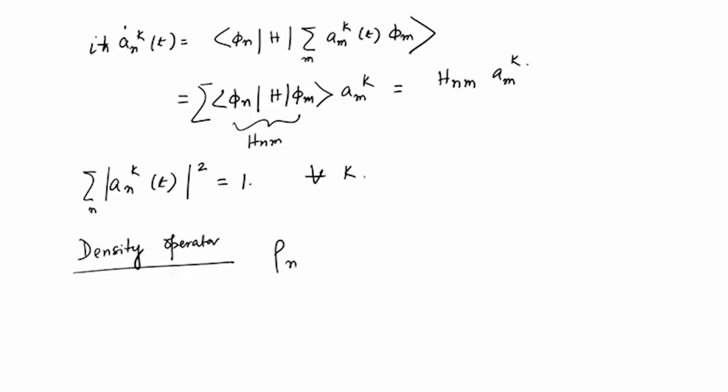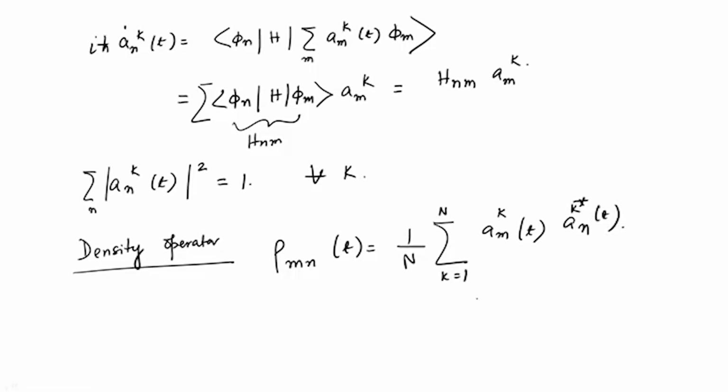The density operator is written as rho mn of t, which is equal to 1 over N, sum over k equal to 1 to N, of a mk of t, with the k index here, and because you are summing over k, times a nk star of t.